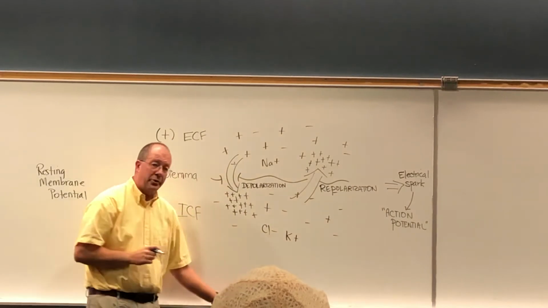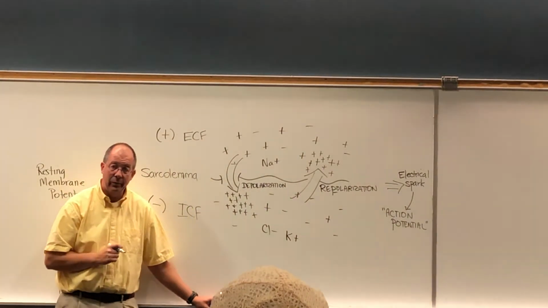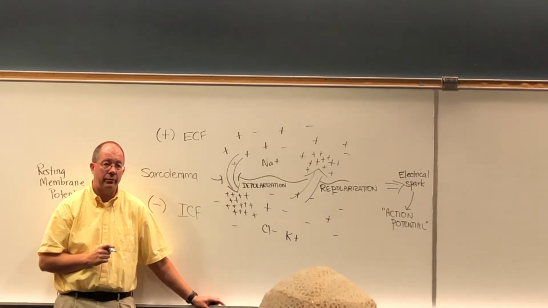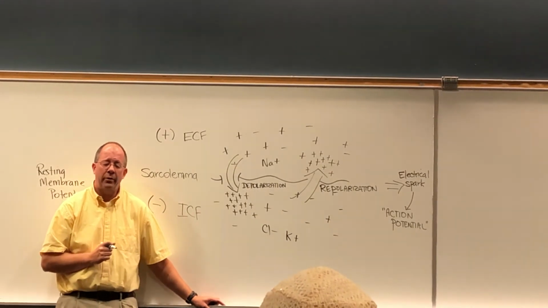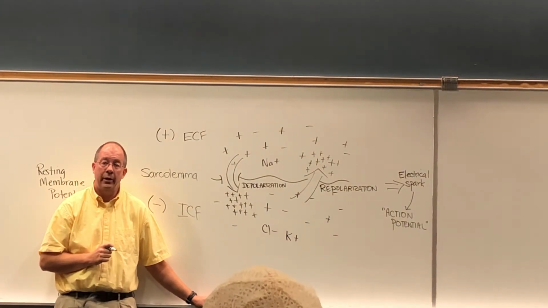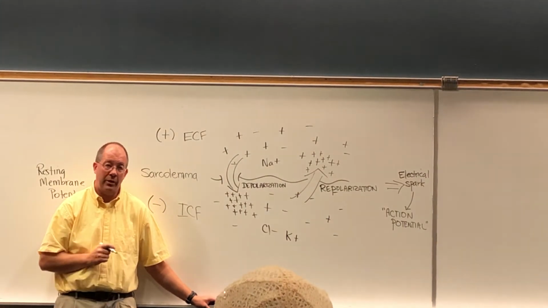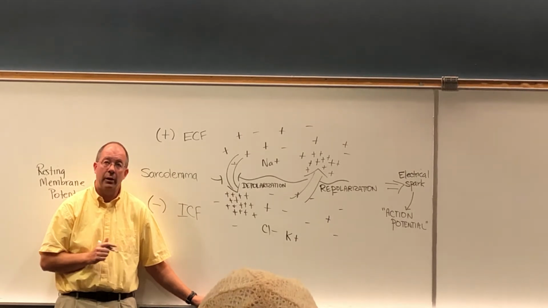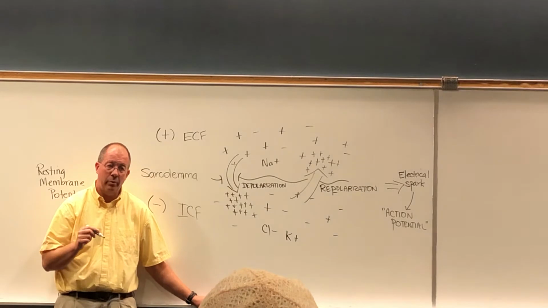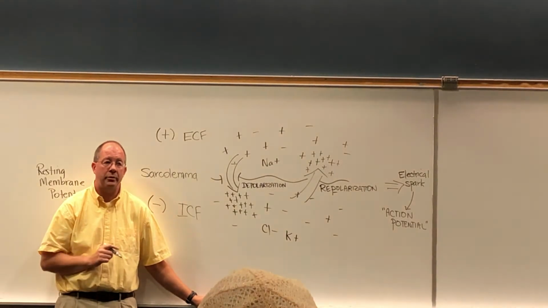So an action potential is created when there's a depolarization followed by a repolarization. I want you to just stop and say that like 3 times in your head so you remember that. Otherwise the story of what we're going to be talking about tonight is going to be really, really hard.